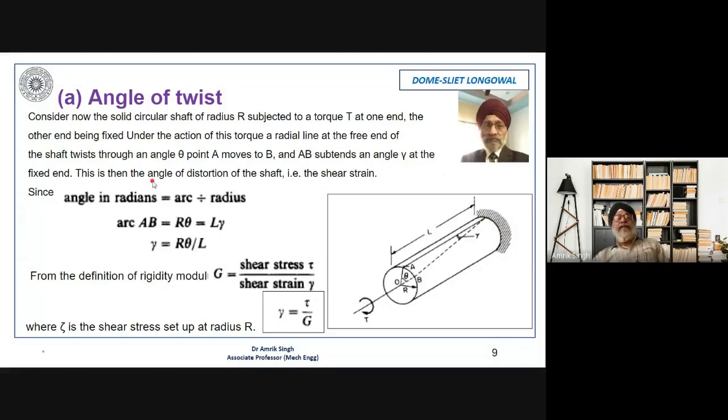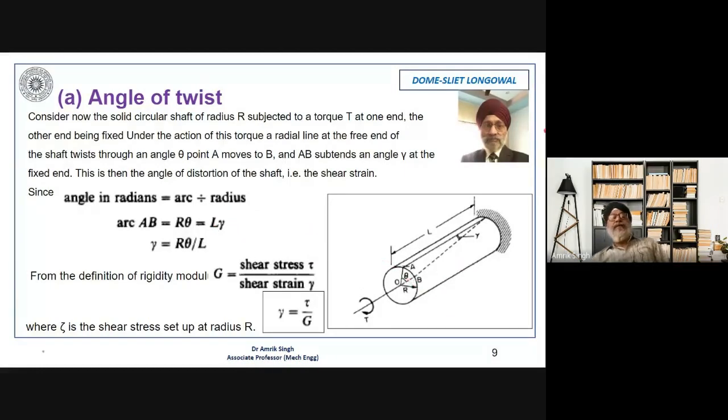This is known as the angle of distortion of the shaft, that is, the shear strain. The angle in radians is arc upon radius. So arc AB equals R times theta, and this should be equal to L times gamma.